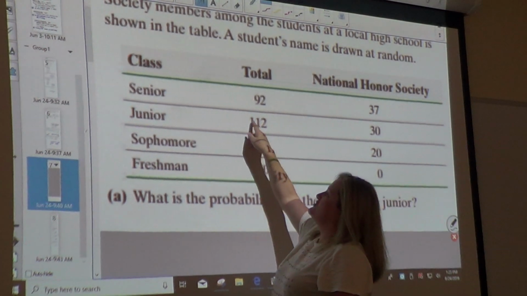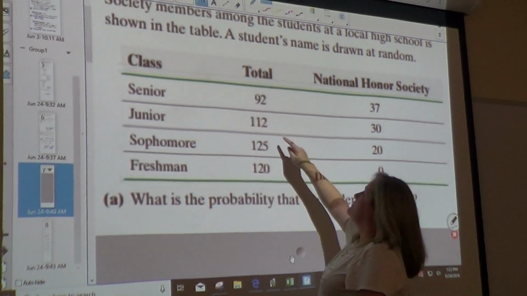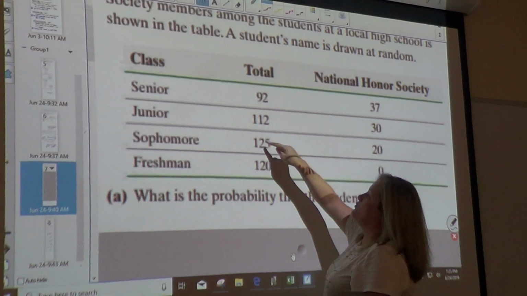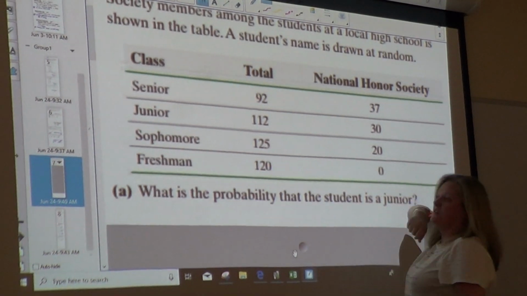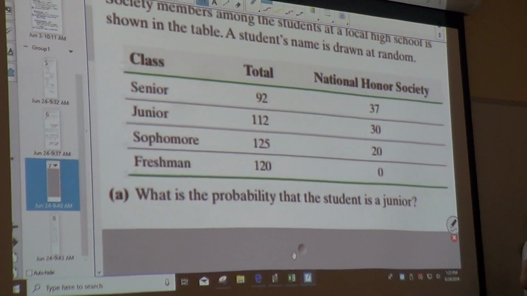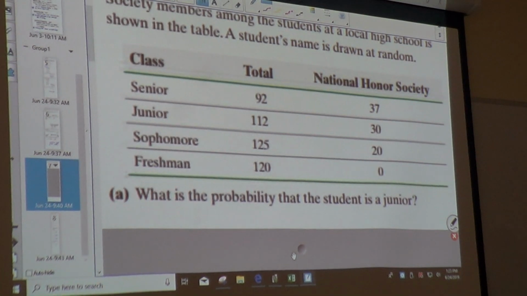So these are juniors. These are 30 honor students out of the juniors. Wrong. These are 20 of the 125. So you would do 30 out of the 112. Okay. No, I was right the first time. I don't know.